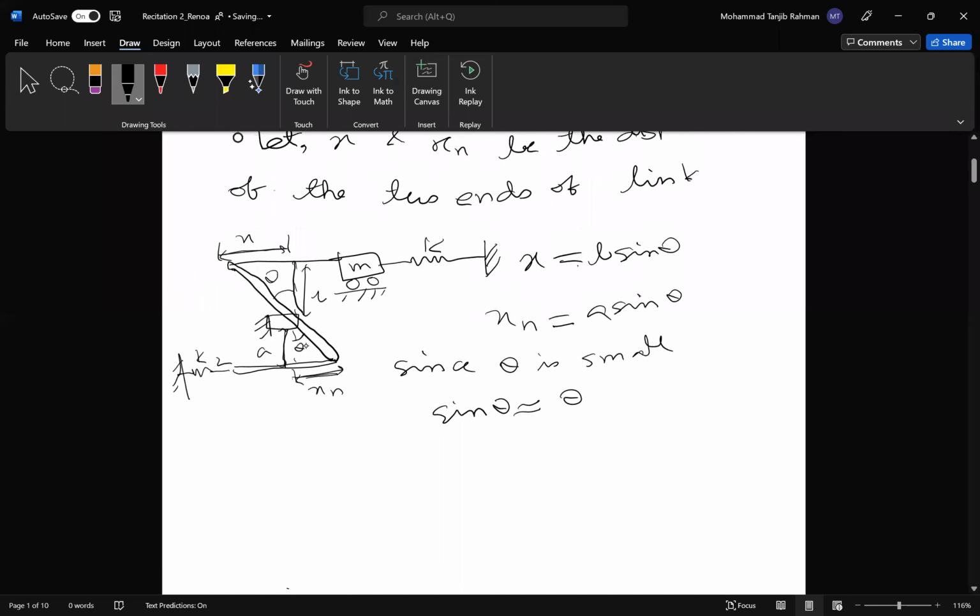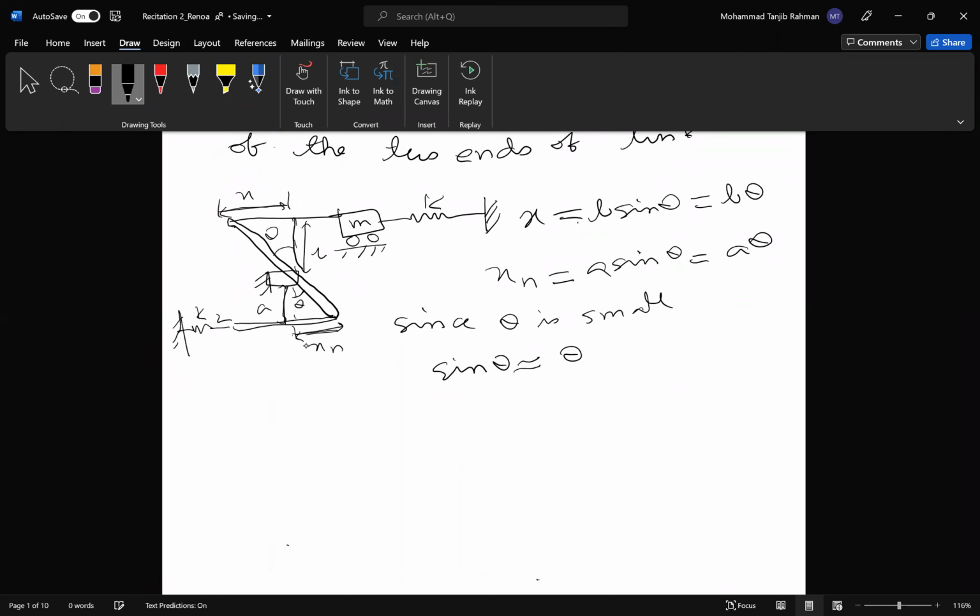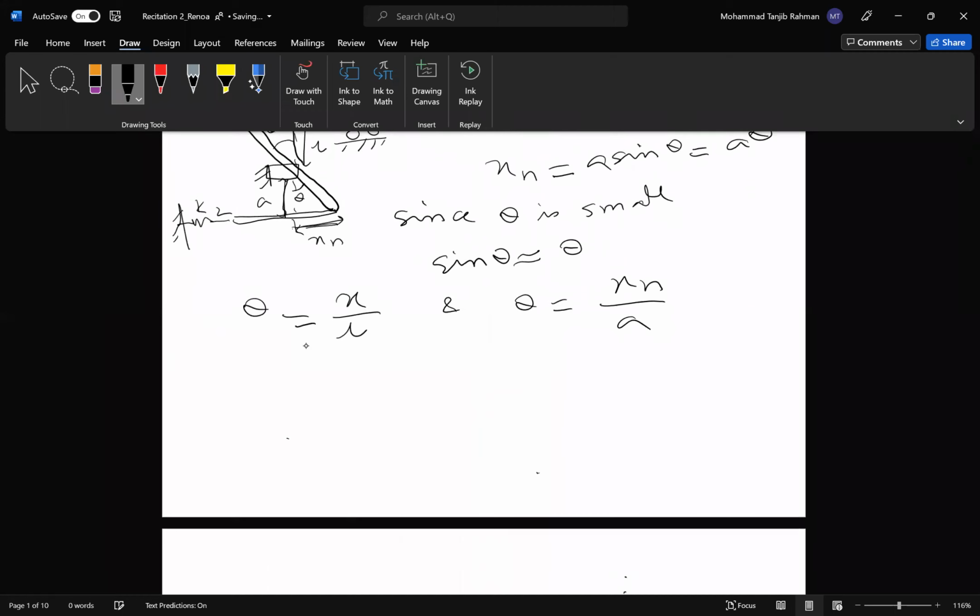So we can write X equals B theta and Xn equals A theta, which means theta can be written as X by B and as well as Xn by A. So if we equate those, we get X by B equals Xn by A. So X would be equal to B by A, Xn. Equation 1.